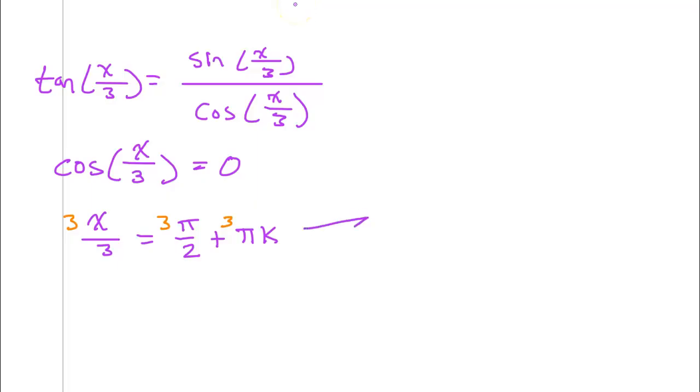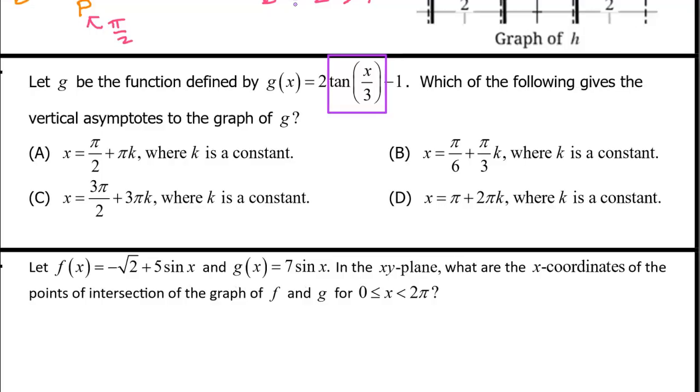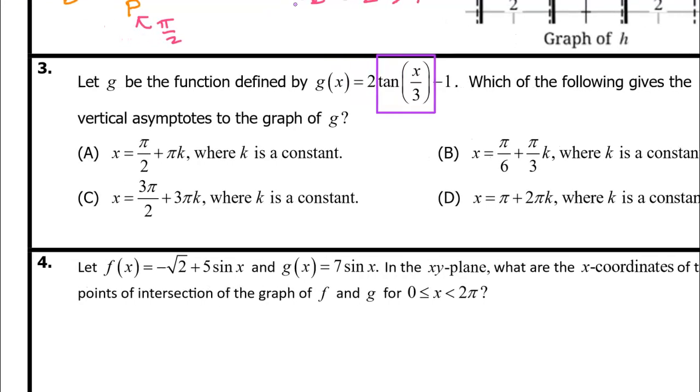So the final answer is going to be x is equal to 3 pi over 2 plus 3 pi k, where k is any integer. Hold that in your head, 3 pi over 2 plus 3 pi k. And we see that right here. So the answer is C.